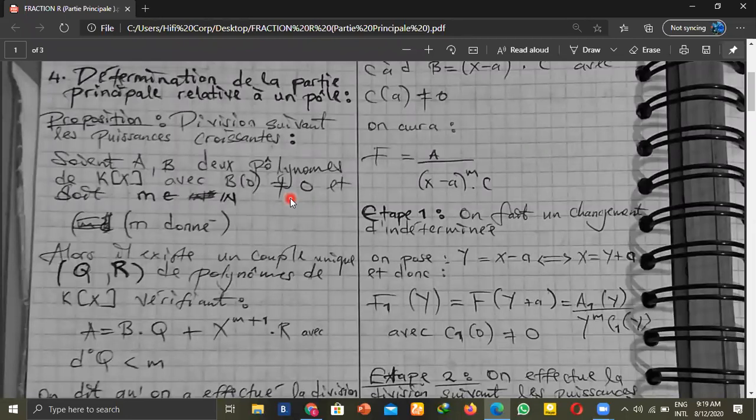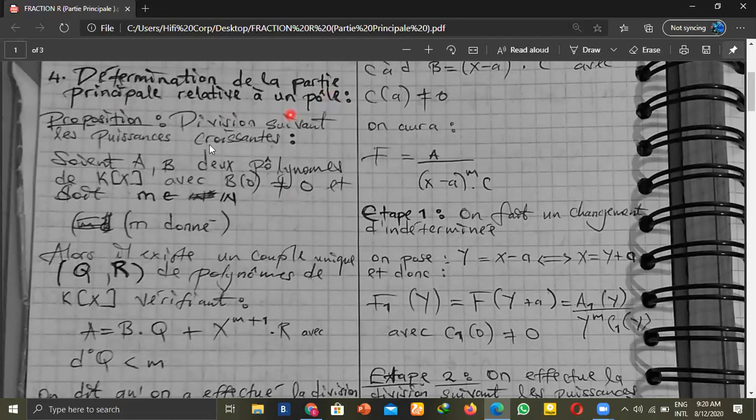So there's this principle that we use so that we can find the value of each part of a determinant which has a multiplicity of 4. This is what we call détermination de la partie principale relative à un point. So this is what we'll be looking at. How can we determine the partie principale?